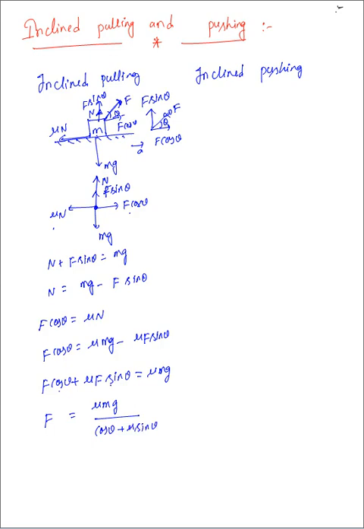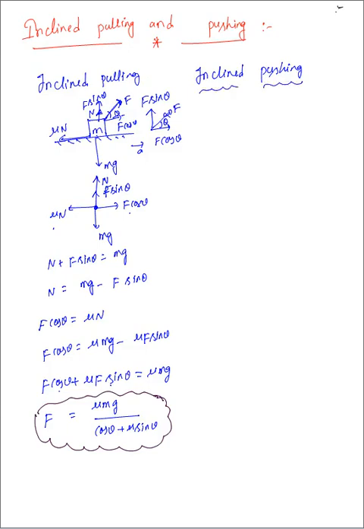To decide which one is greater and which is lesser, we have to derive one more thing also. So incline pulling is nothing but mu mg divided by cos theta plus mu sin theta. Next we are going to discuss incline pushing.